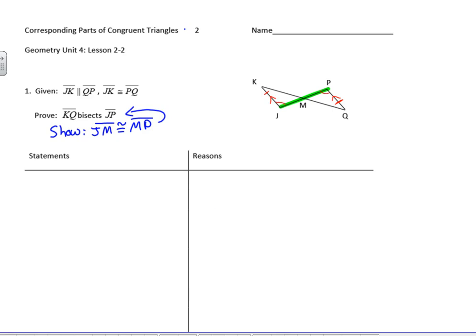Angle J would be congruent to angle P, and angle K would be congruent to angle Q. Then we can prove the triangles congruent by angle, side, angle. So if we go angle, side, angle, what can we do to get JM congruent to MP? We can do that by corresponding parts of congruent triangles.